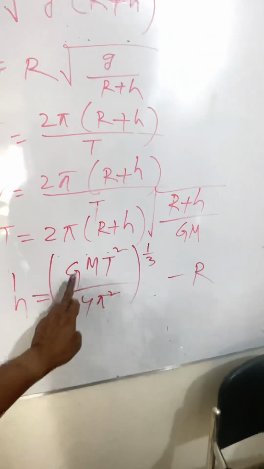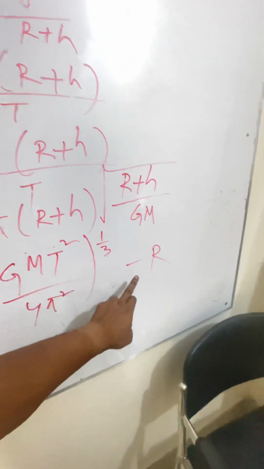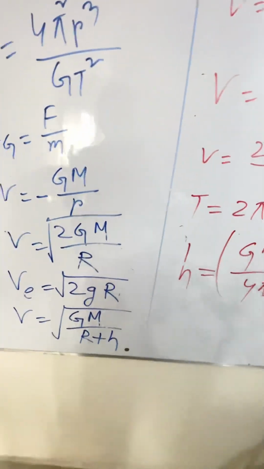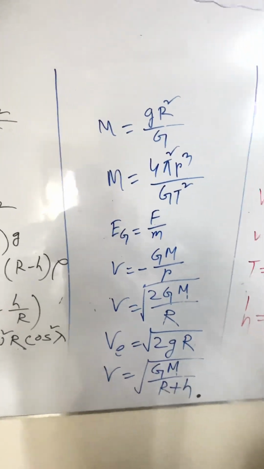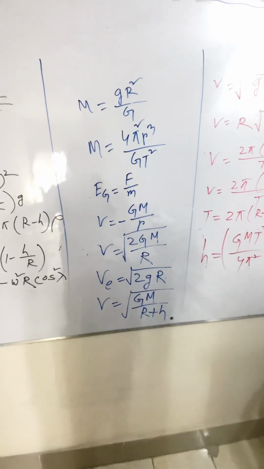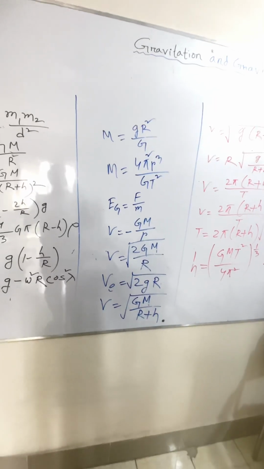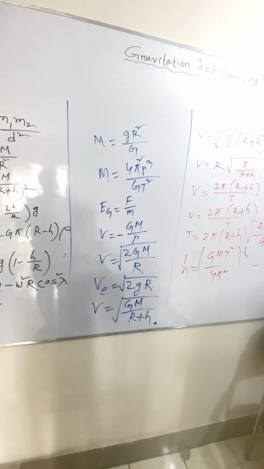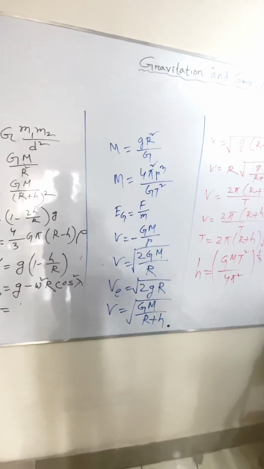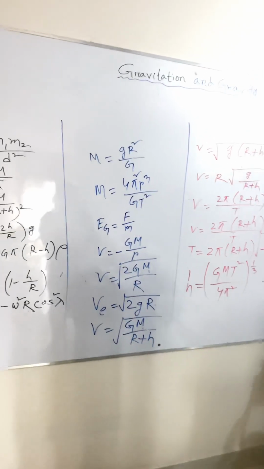Another formula is h equals (G M T square over 4 pi square) to the power 1 by 3, minus R. Okay, these are very interesting and very essential formulas for understanding gravitation and gravity related mathematical problems. And whenever you face any type of question, then you use these formulas. Just put the values of g, and you may get the required quantity. Okay, that's all for today.